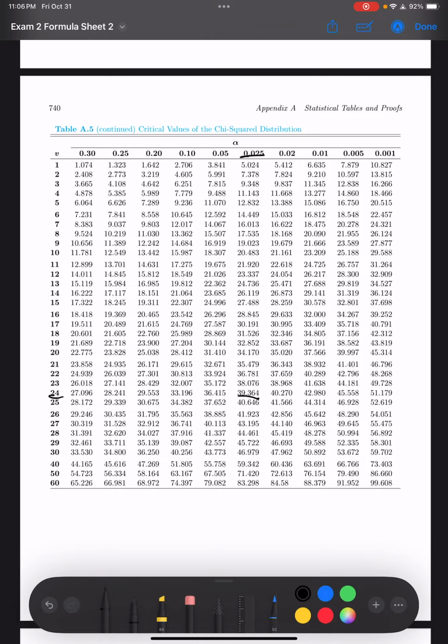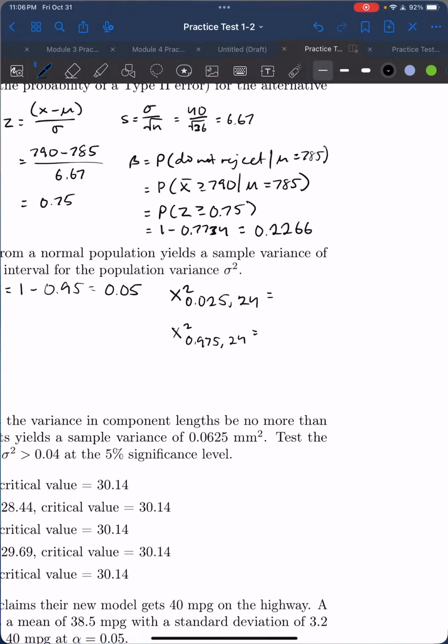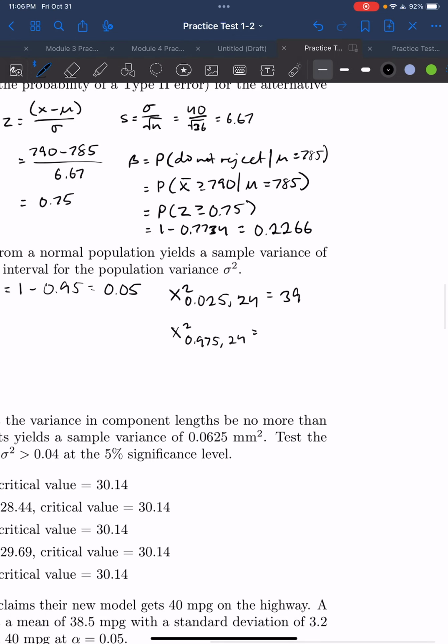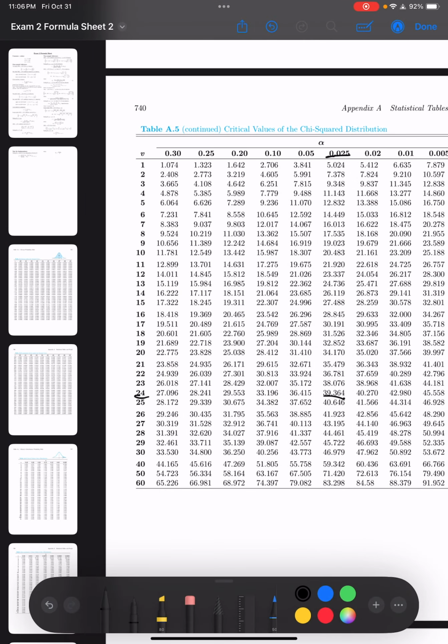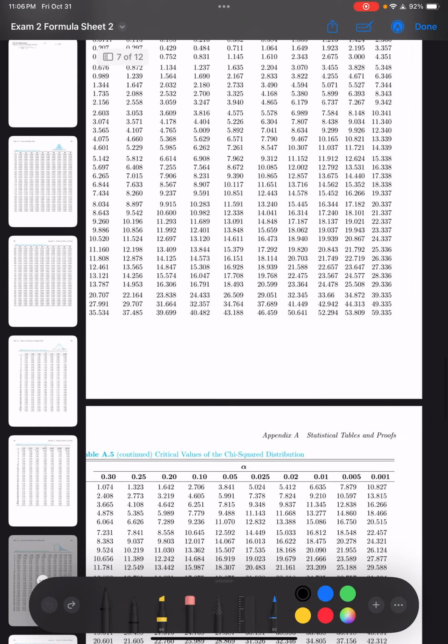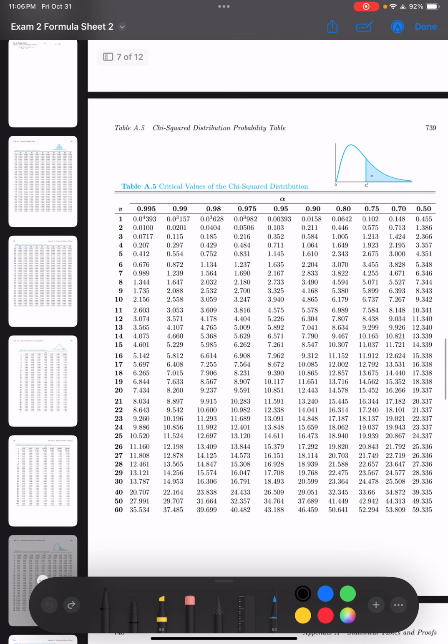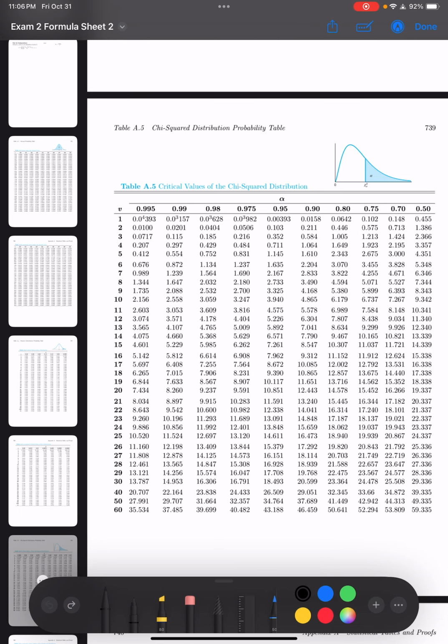So that's 39.364. And then we want to find our other chi-square value. So that would be for 0.975, which is over here. And then we have our 24 degrees of freedom. So that should be this over here. So that's 12.401.